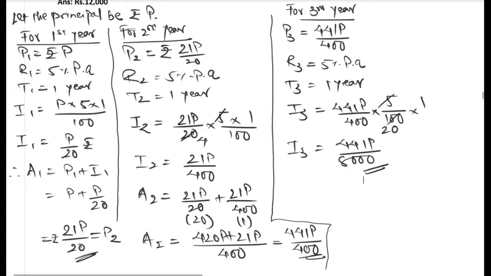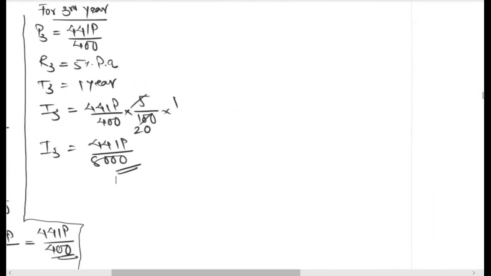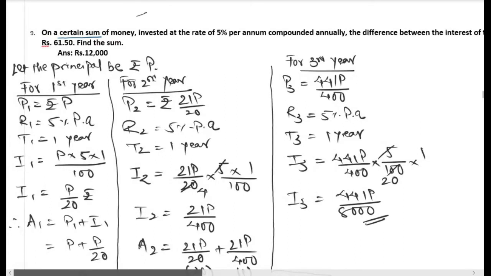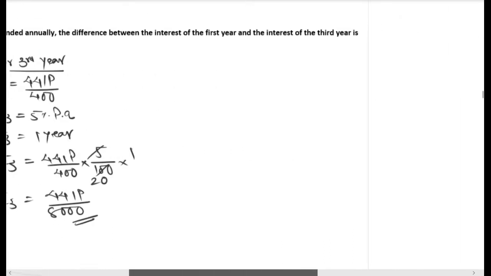Now we have to find the difference between interest for the first year and the third year, which is equal to rupees 61.50 as per the question.